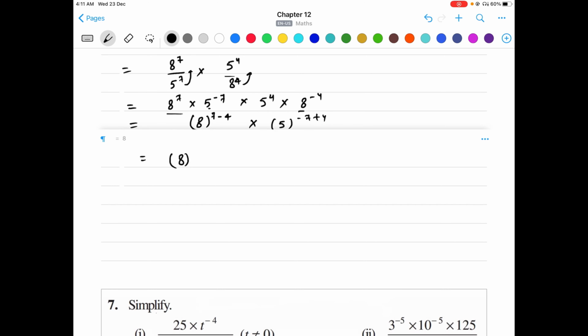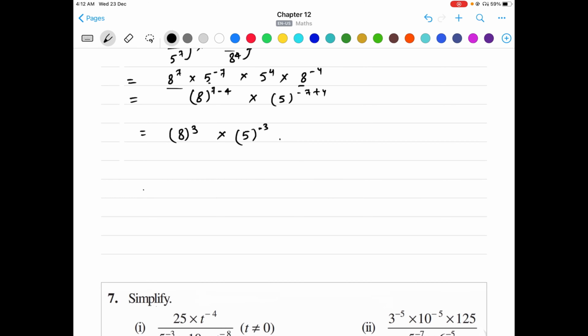So this will be 8 power 3 into 5 power minus 3. So we can write this as 8 power 3 divided by 5 power plus 3, when you shift this negative power number back into the denominator. Okay, so 8 cube is 512.